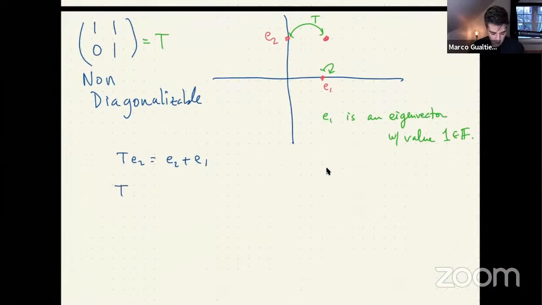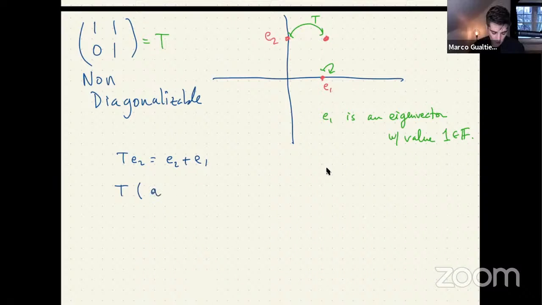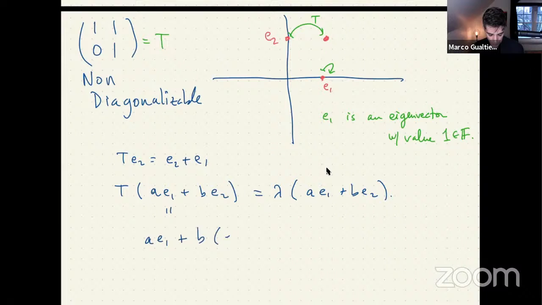Now, what if I take some other combination, some combination A E1 plus B E2, and I want it to be an eigenvector, so lambda times A E1 plus B E2? What is this going to give? This is just going to give A E1 plus B E1 plus E2.